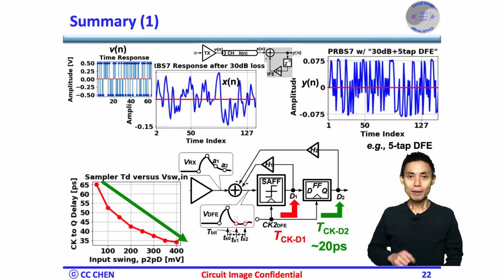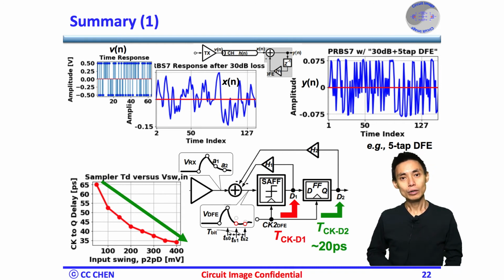If a DFE only must equalize the loss up to 30 dB, then more TX output swing would be needed, but most specifications or circuit implementations only cover 800 mV or 1 volt at the most. On the other hand, for the 30 dB loss, the DFE will require more gain without dropping the swing too much at its input.